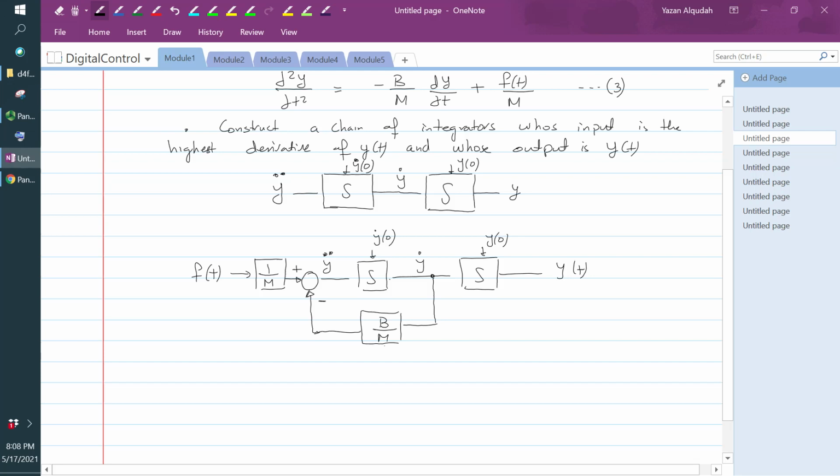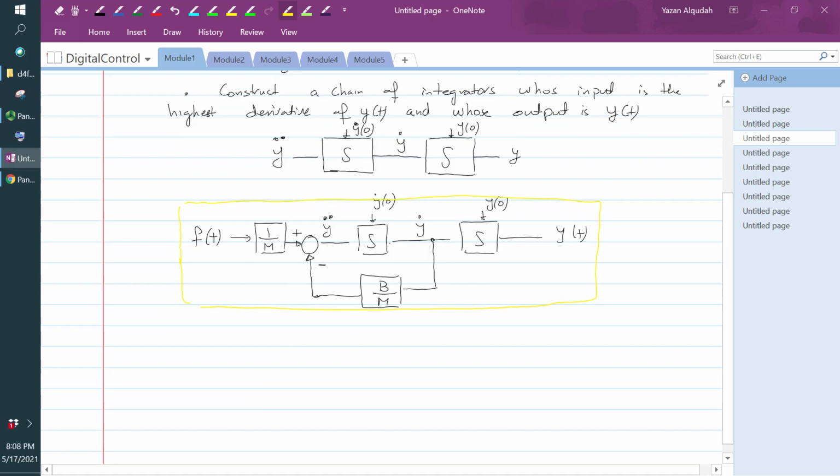This representation we call the all-integrator block diagram. We're going to see in a minute why this representation is useful.